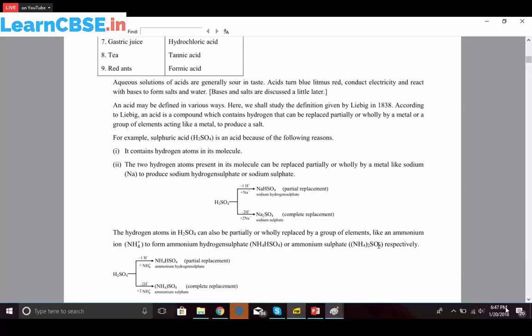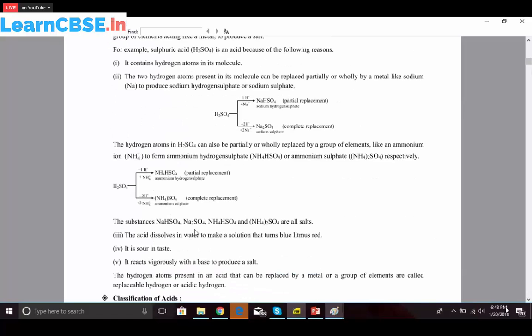NH4 is a compound ion with a plus 1 charge. So if you want to write the 2, we should not write it for the hydrogen alone; we have to place the whole group in a bracket, then write (NH4)2SO4. So this is ammonium sulfate respectively. So here is the equation H2SO4.